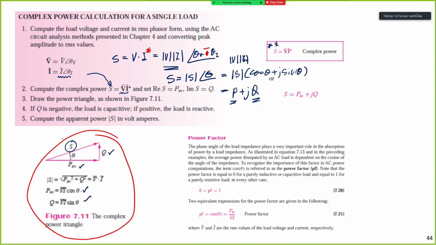Okay, so with this representation of AC power, we will have one index called power factor.